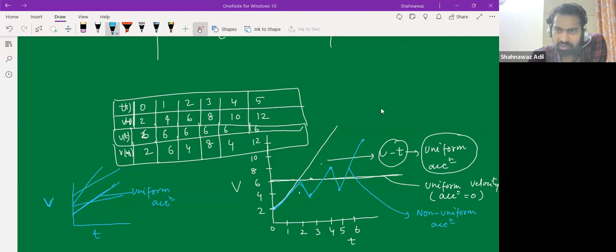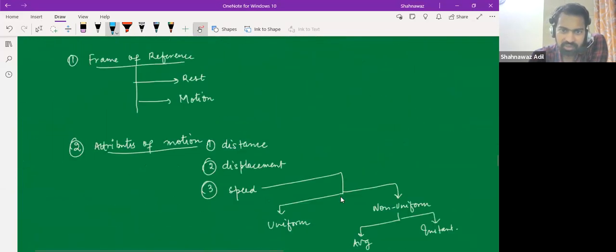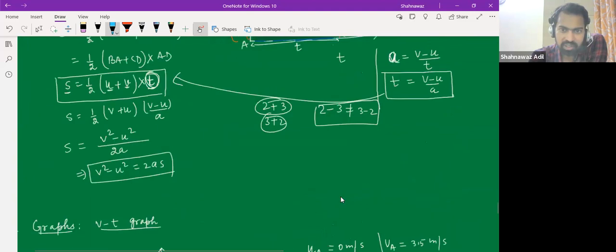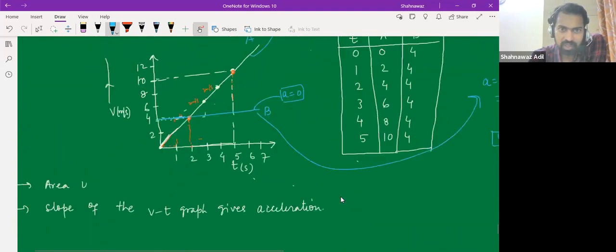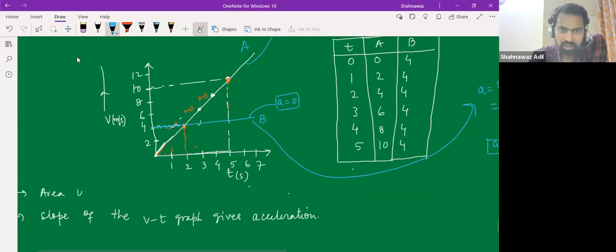Different kinds of situations. So this was uniform velocity, acceleration was 0, and this was uniform acceleration, and this was non-uniform acceleration. So these kinds of situations we have already done. Is this clear to you, guys?